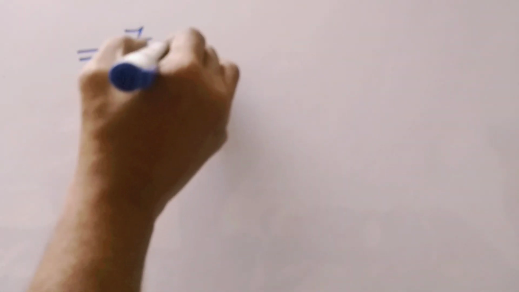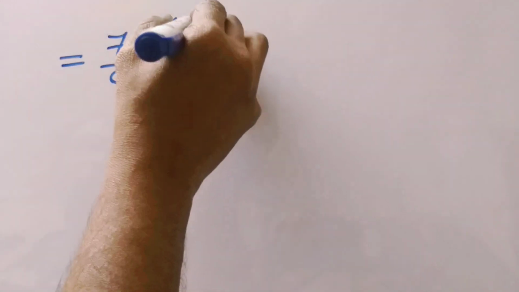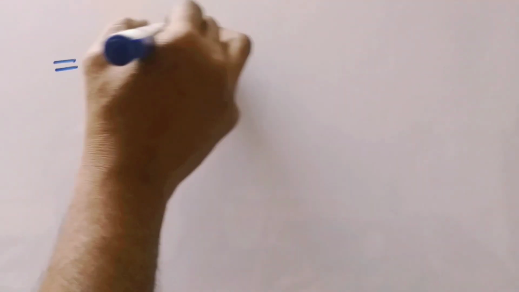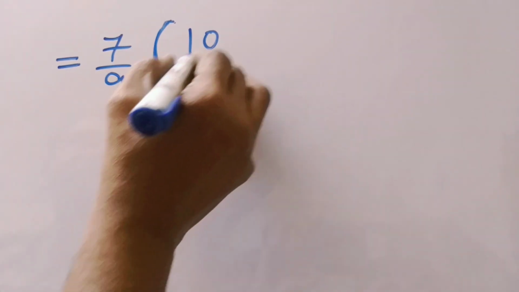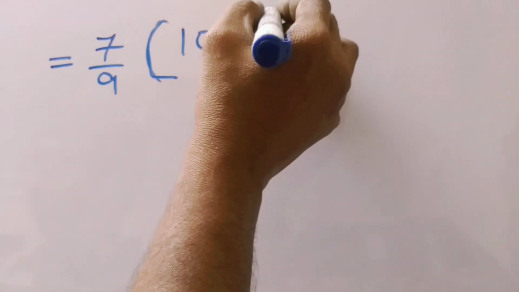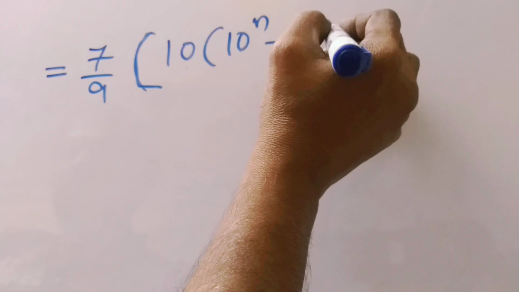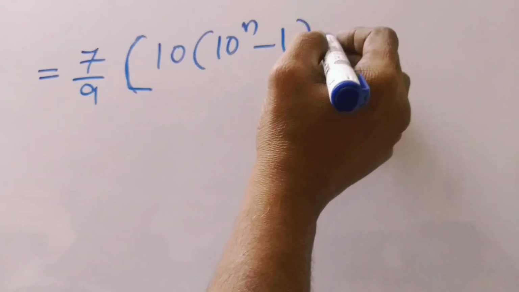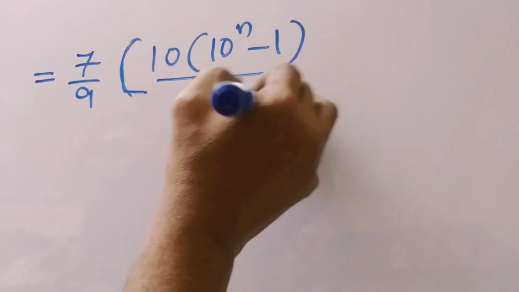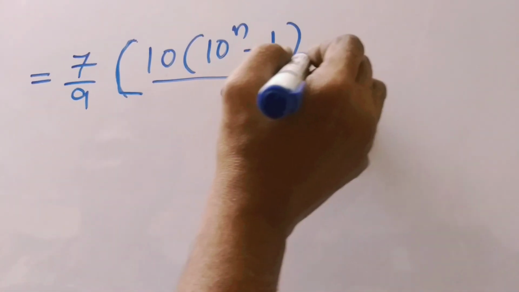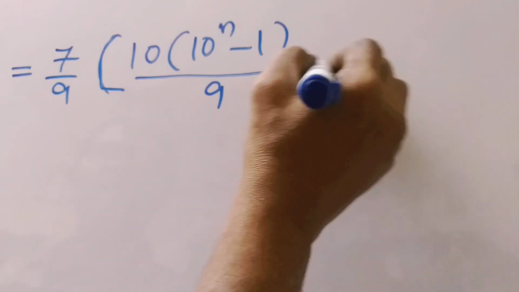On simplification, that is equal to 7 by 9 of 10 of 10 to the power of n minus 1 by 9 (10 minus 1 is 9), minus n.